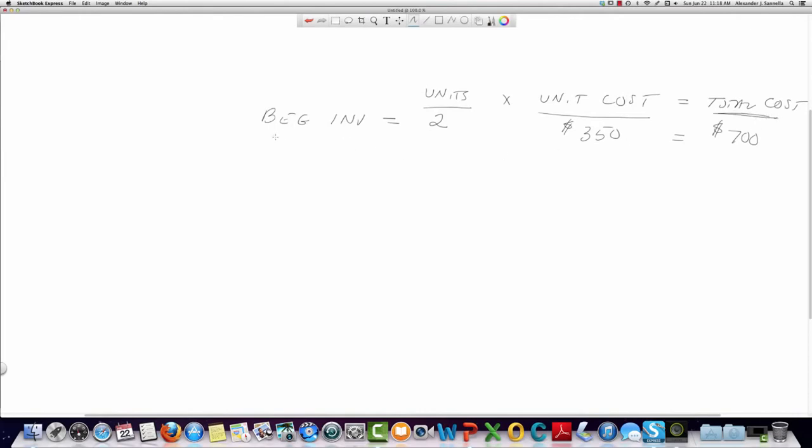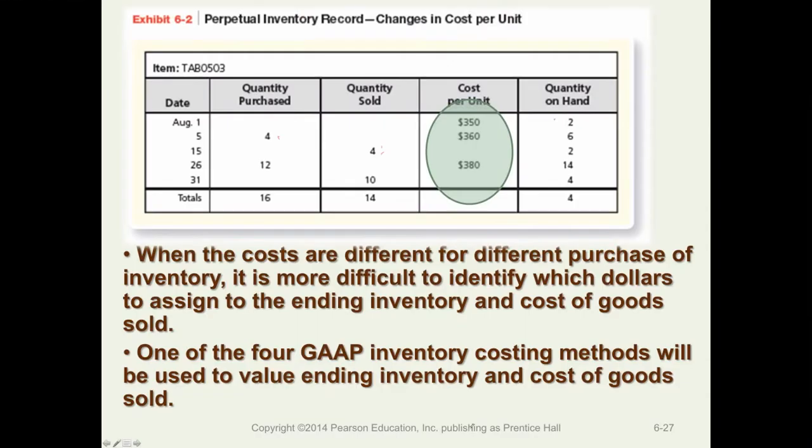Then you have some purchases. And the 2 purchases, if we go back to our diagram, were made on August 5th for 360 and August 26th for 380.